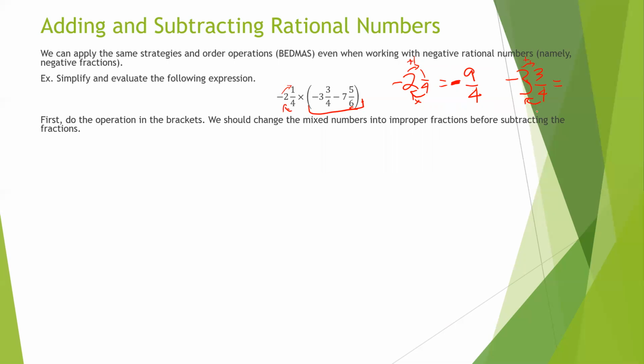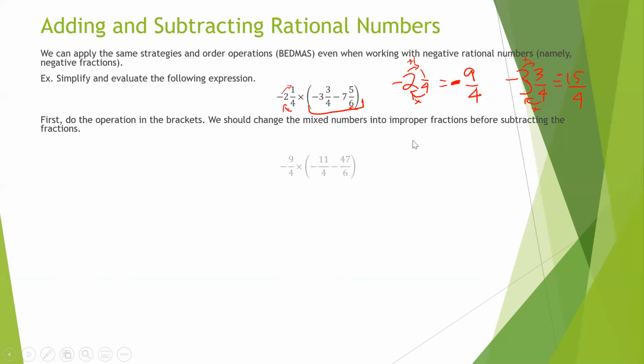Again, I'm ignoring the negative sign for now. So 3 times 4 plus 3 ends up giving me 15/4, and then of course I put a negative sign in front.